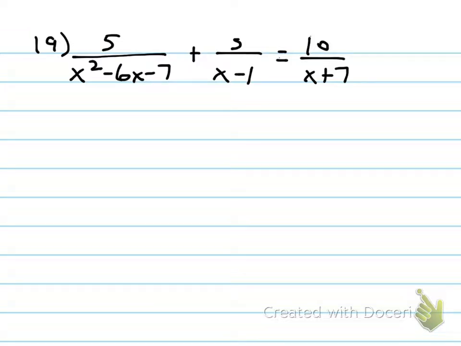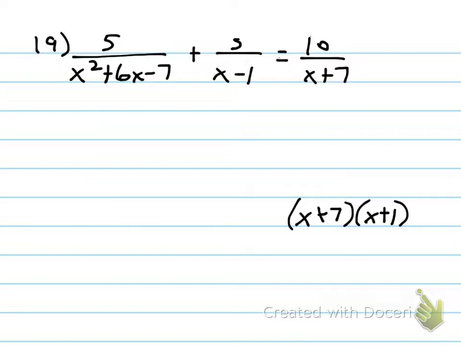All right, and finally, let's find the least common multiple, so I need to factor this denominator. It factors into x minus 7 times x plus 1. Let me back up for a second because I forgot that we made a correction. That's going to be a positive 6.